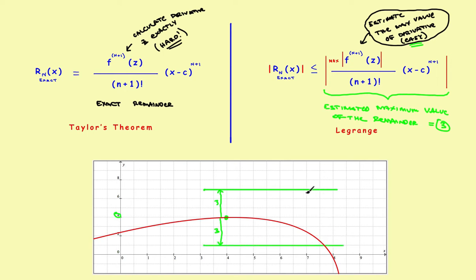So what this means is that the actual f of x has to fall somewhere inside that range. And that's what the Lagrange remainder gives you. So all this means is that when you finally get around to doing the blue graph, it has to fall somewhere in between these green lines.